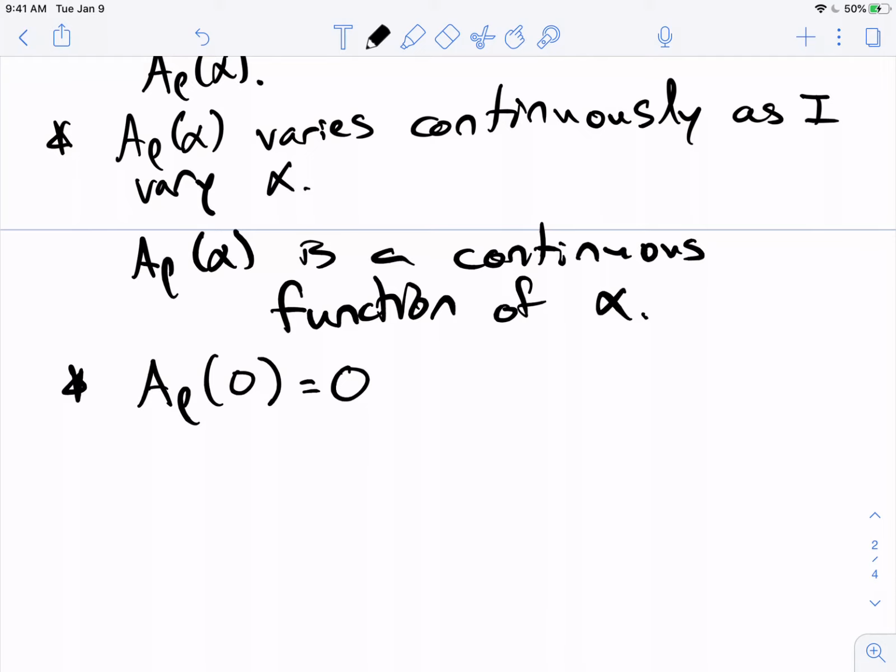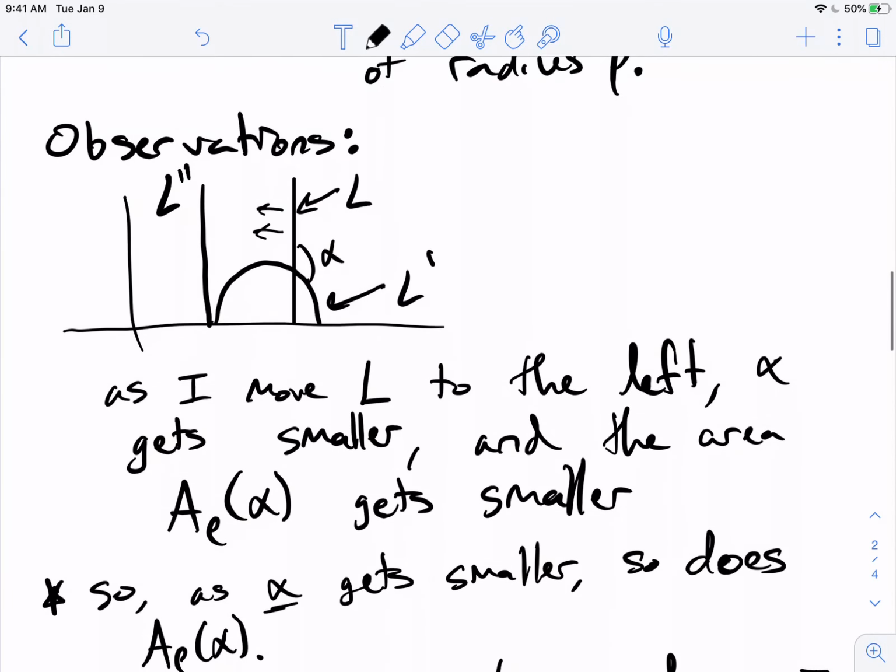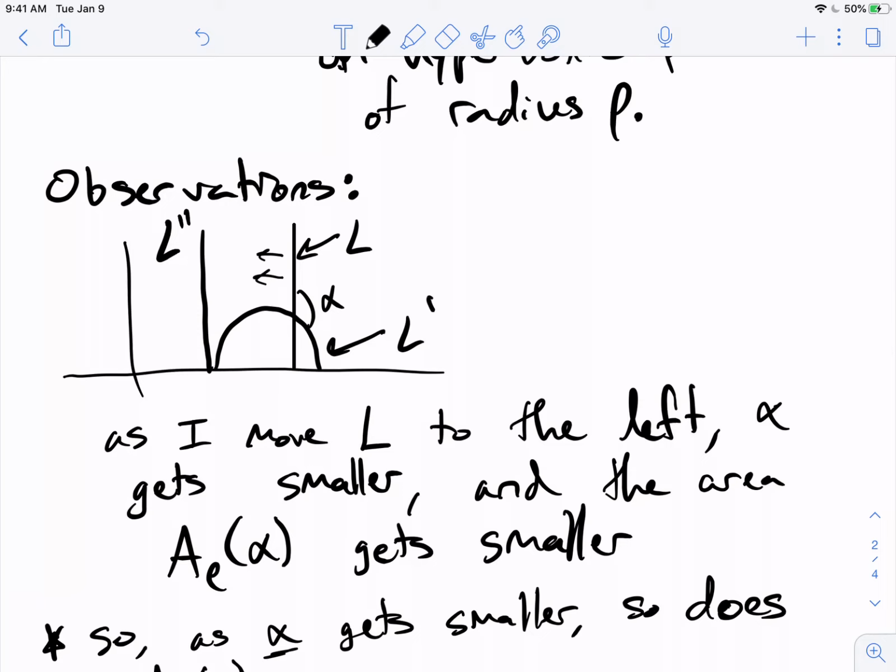We know one other value as well, actually, which is we know what happens when L goes all the way to the edge of L double prime. So when I get to there, I've moved L to the right to this gray line here. So alpha's increasing there, and it's going all the way up.